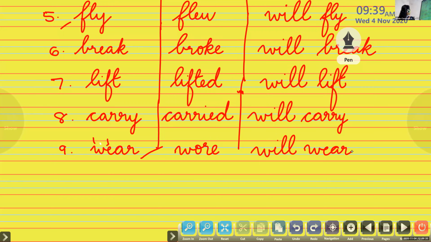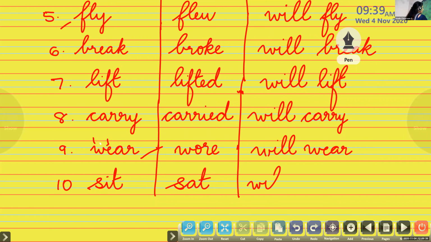And the last word, the 10th word, here it is will sit. So what do we write there? Here it is sit. The past tense form of sit is sat. And the future tense form of the verb is will sit.